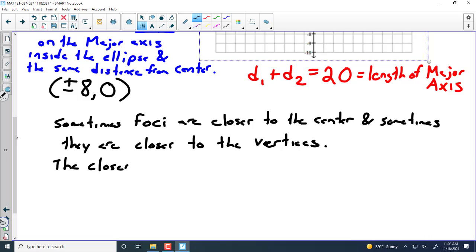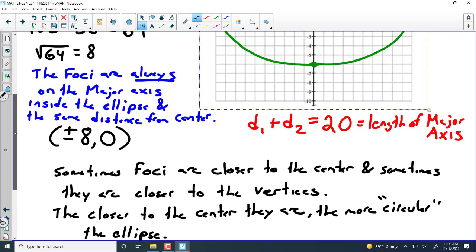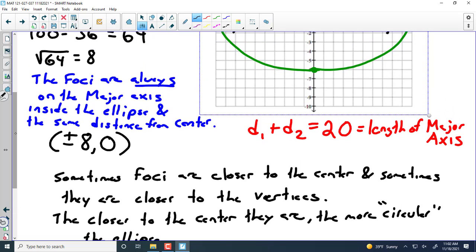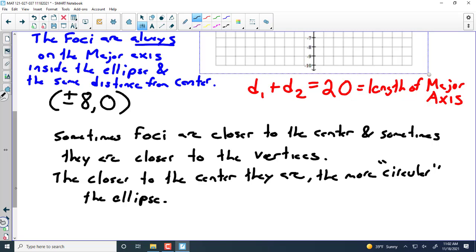The closer to the center they are, the more circular the ellipse. In other words, class, there are some ellipses that look much narrower than other ellipses. And so what I'm trying to say is the closer the focus or the foci are to the center, the more it will look like just a regular circle.